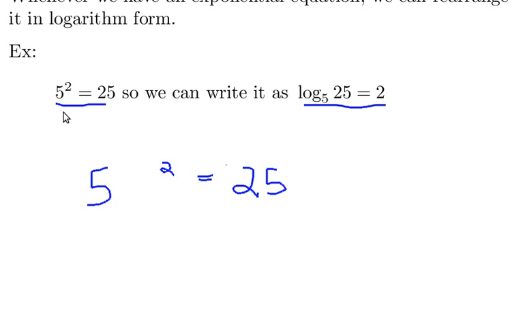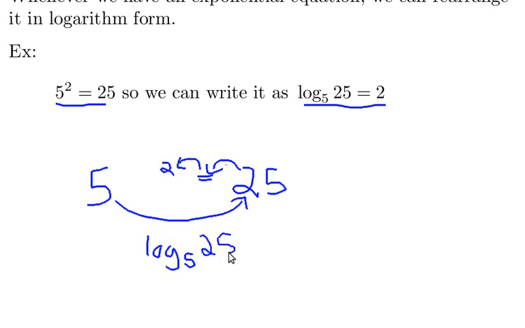So we start with the base, go over to 25, then over to the equals, then over to the 2. So we're going counterclockwise. Start with 5, go over to 25, then equals, then 2.